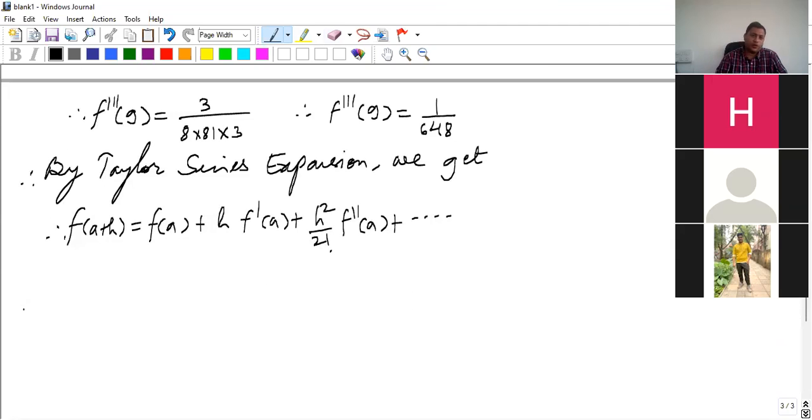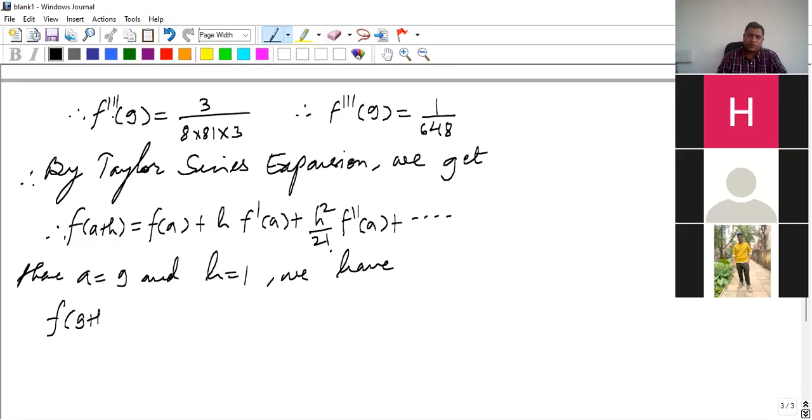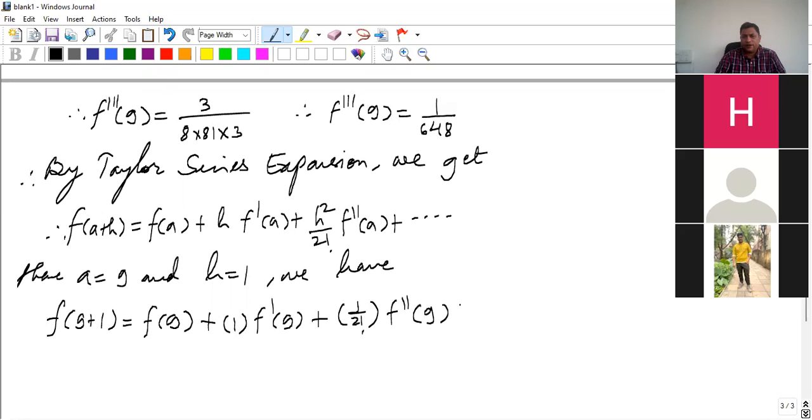Now here what we can say is, here a is equal to 9 and h is equal to 1. So f of 9 plus 1 is equal to f of 9 plus 1 f dash at 9 plus 1 by 2 factorial f double dash at 9 plus 1 by 3 factorial f triple dash at 9 and so on the terms. So these terms are there, but we have not calculated.